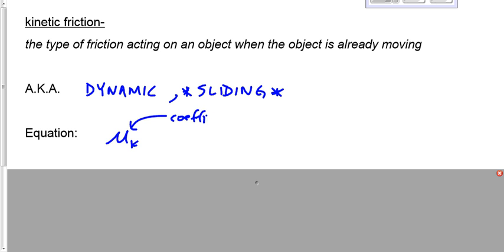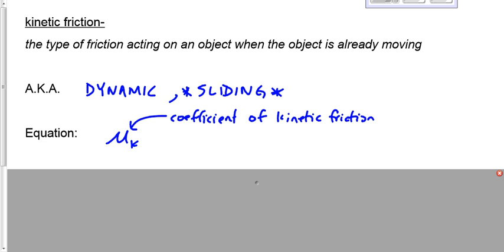The coefficient of kinetic friction. The bigger the value of the coefficient of kinetic friction, the more two things stick together. Let me give you an example. The coefficient of friction between, let's just say, tires and ice. It's not a whole lot different for winter tires than it is for summer tires, although it is better.